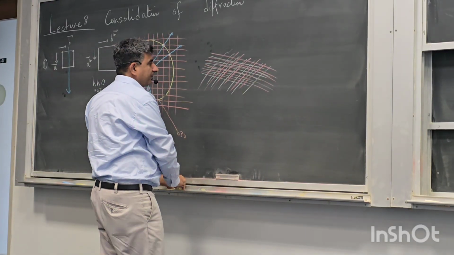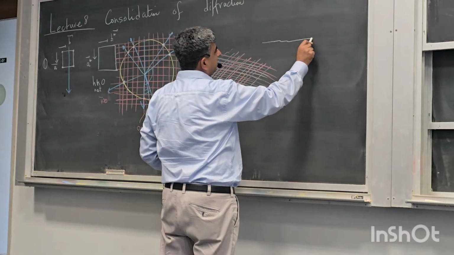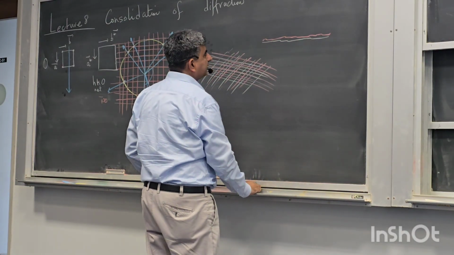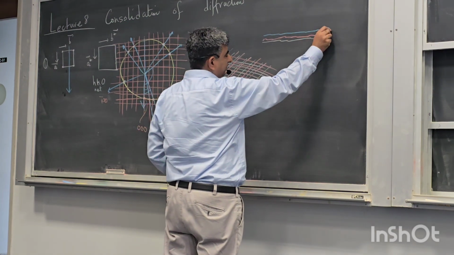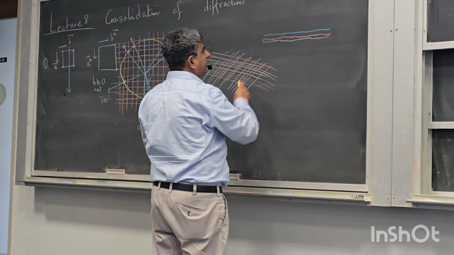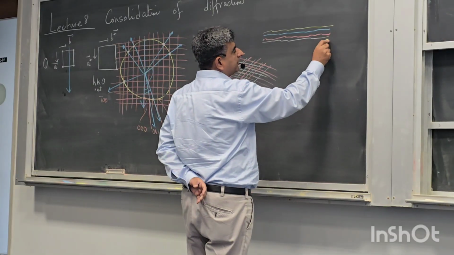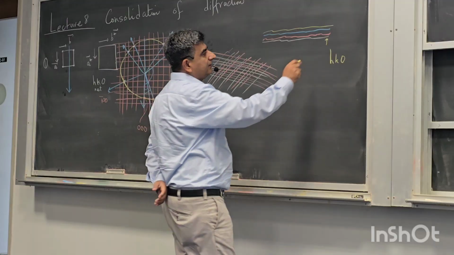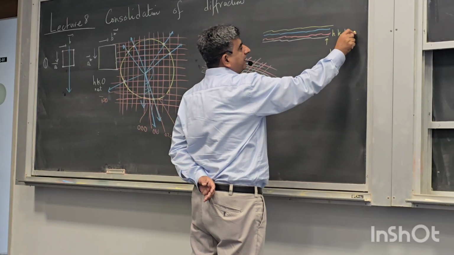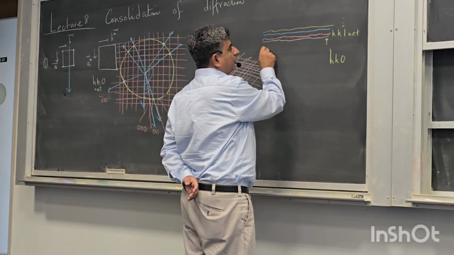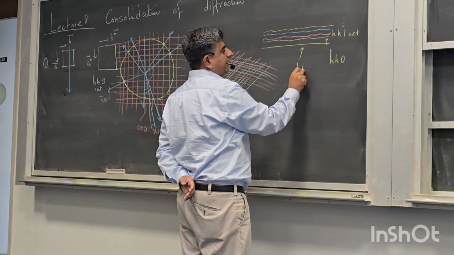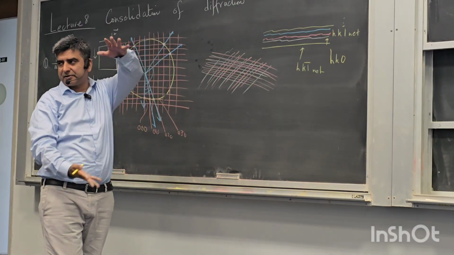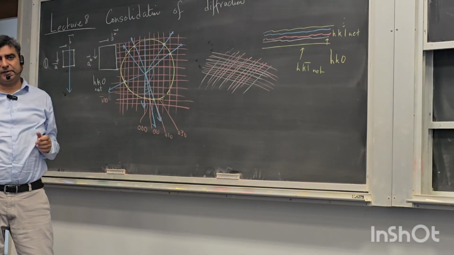So if I look at this from the side, there is a net here, a net above it, another net above it, and I'm drawing just these wavy lines for visual clarity. So this could be the HK0 net in the reciprocal space, the HK1 net, and so on. We also have the HK1 bar net, and so on. So it's a three-dimensional stacked structure in the reciprocal space.